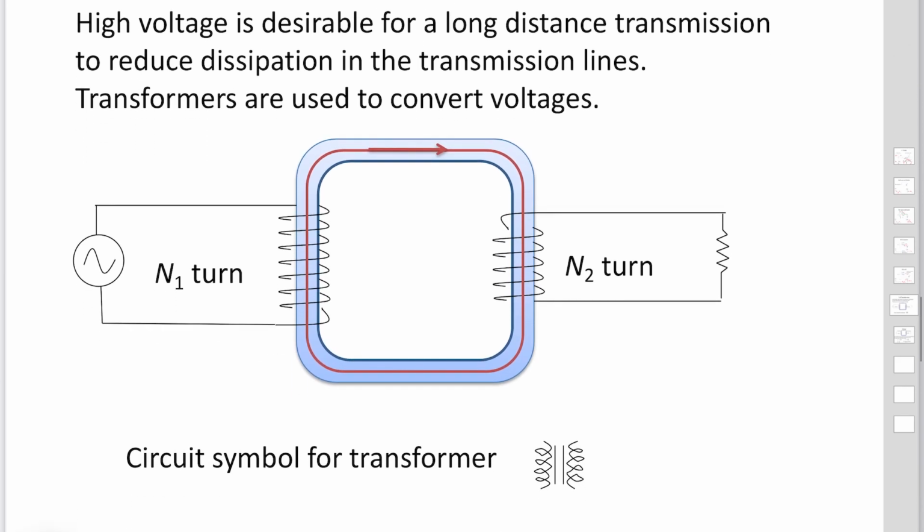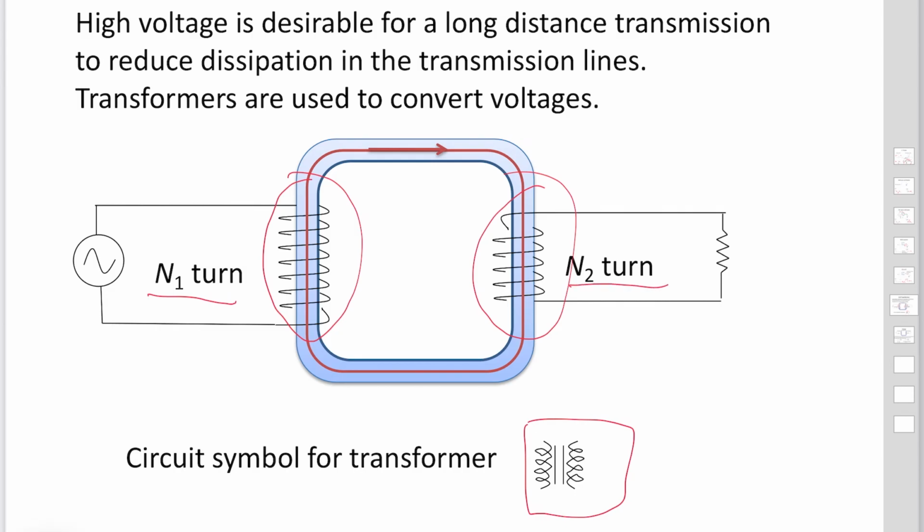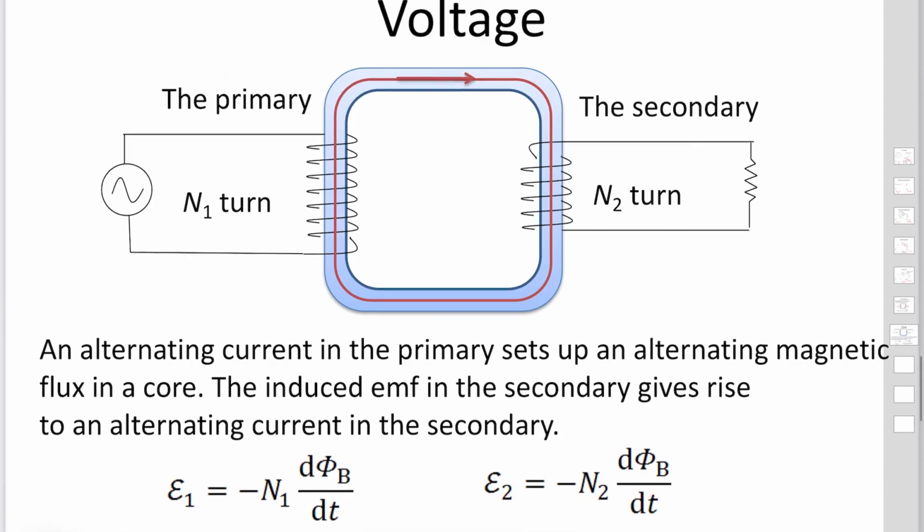The symbol for the transformer is this one, because the transformer uses two coils. One of the coils has N sub 1 turns. The other coil has N sub 2 turns. And I'd like to explain how to transform high voltage to low voltage or low voltage to high voltage.